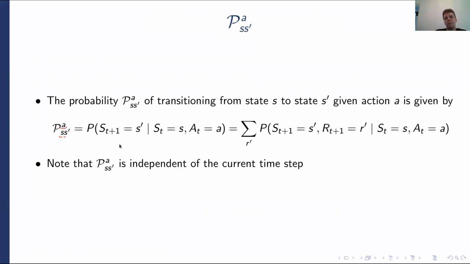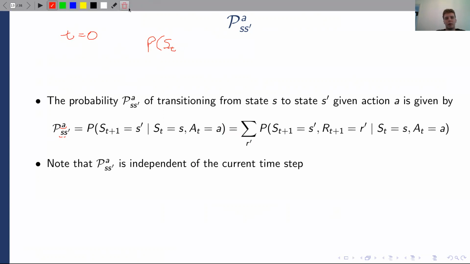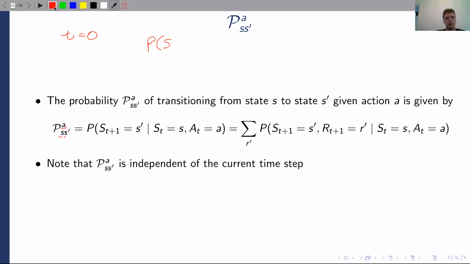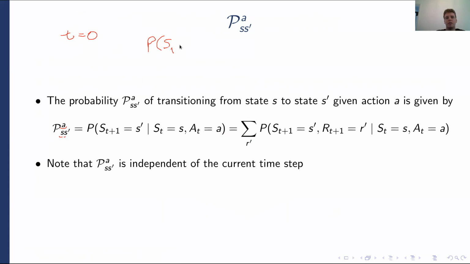What do I mean by independent? So let's say you are in time step t equals 0. You could write down, for example, the probability of state 1 being S prime, given that state 0 is S and action 0 is A. But this probability would not change across time steps.